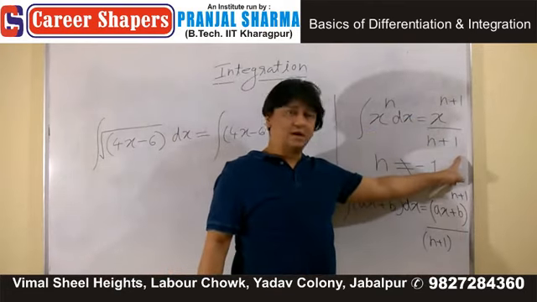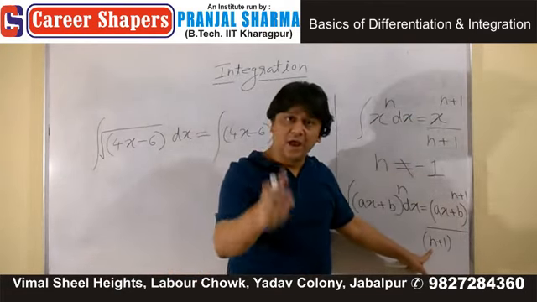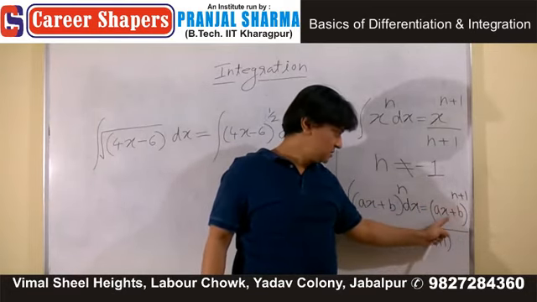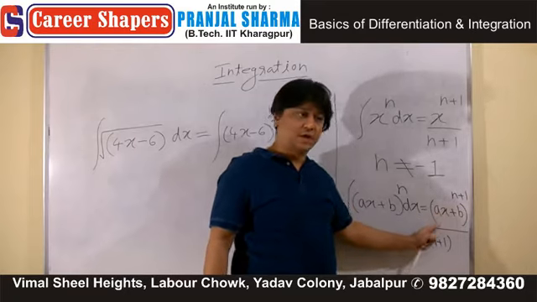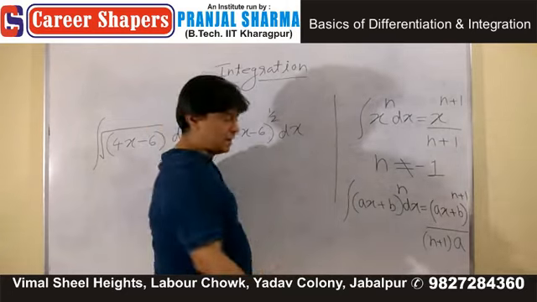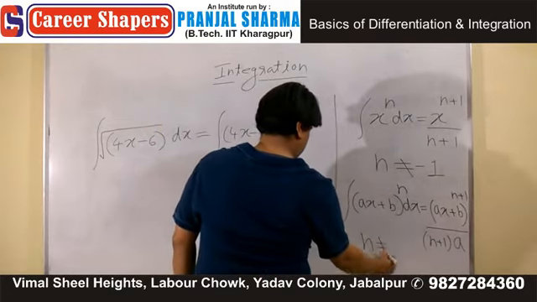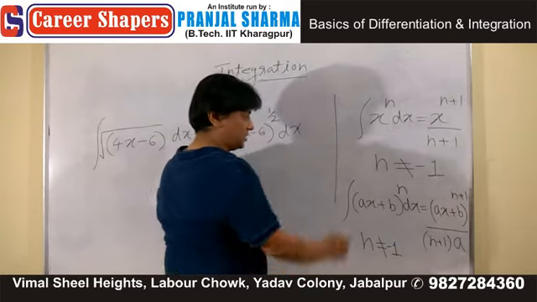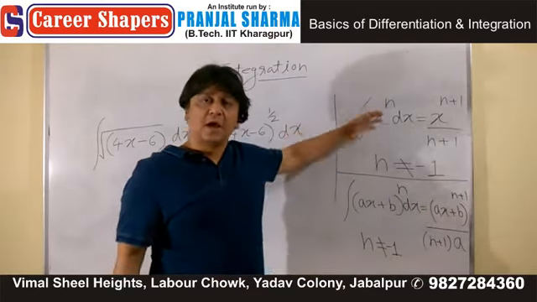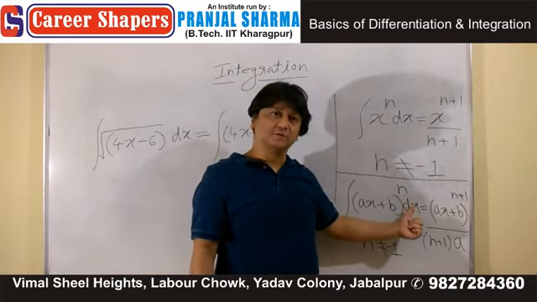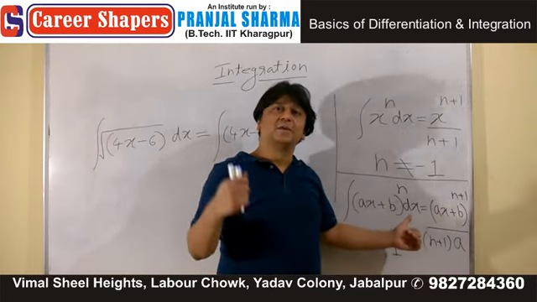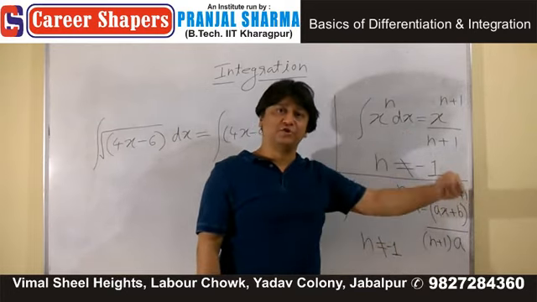And then you must divide the whole thing with coefficient of x, which is a, provided n is not minus 1. You have the basic version and then you have the ax plus b version. This is again repetition. Divide the whole thing with coefficient of x.